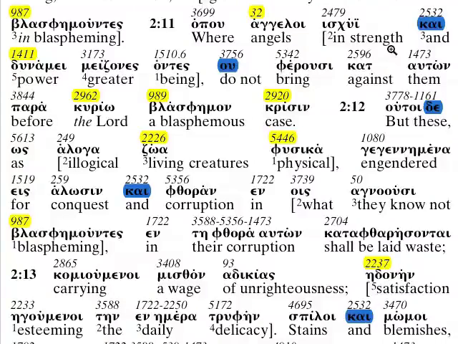Opu angeli ischii ke dinami mizones ontes ou ferusi kat afton parakiriou blasphemon krisin. Where angels, angeli, angel, direct transliteration, being greater in strength and power, dynami, dynamite, do not bring against them before the Lord a blasphemous case.